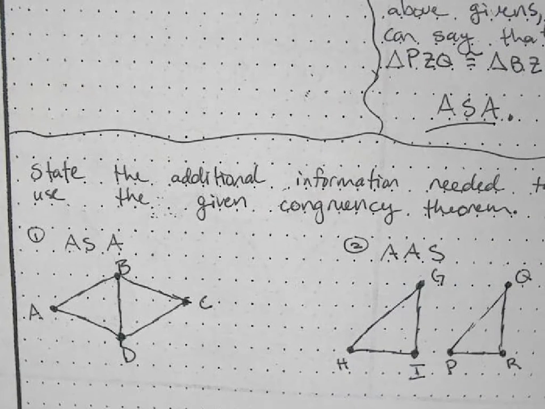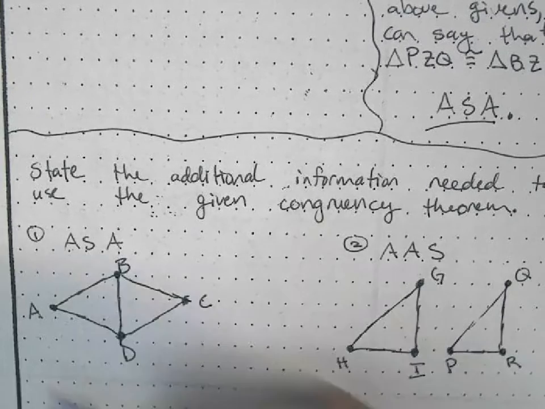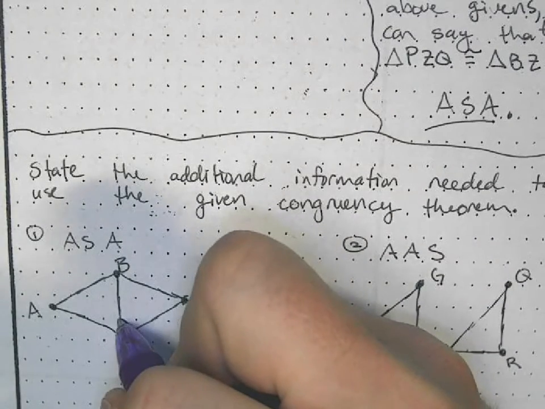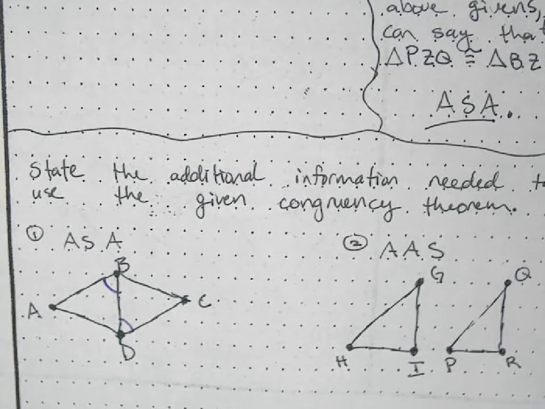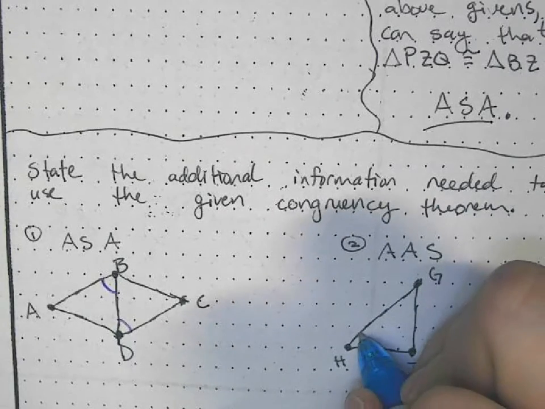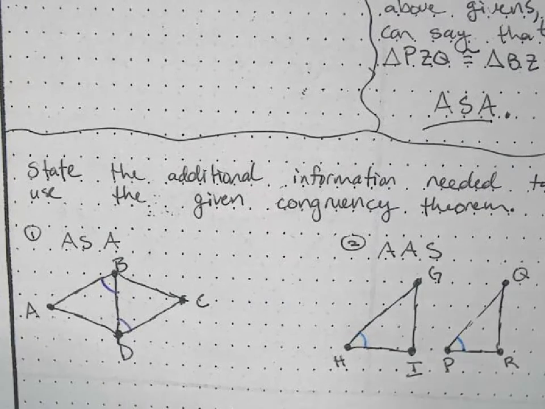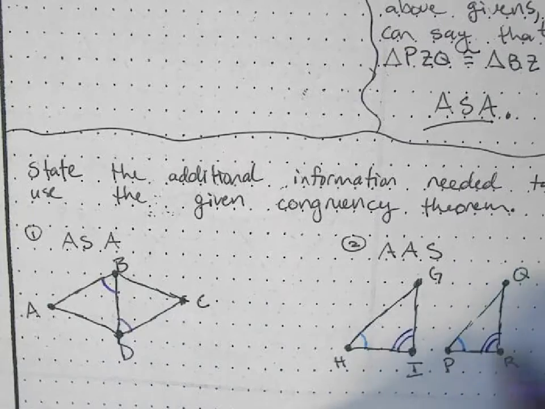And our given information will be: this angle here is congruent to that angle there. And then for this one, this angle here is congruent to that angle there.